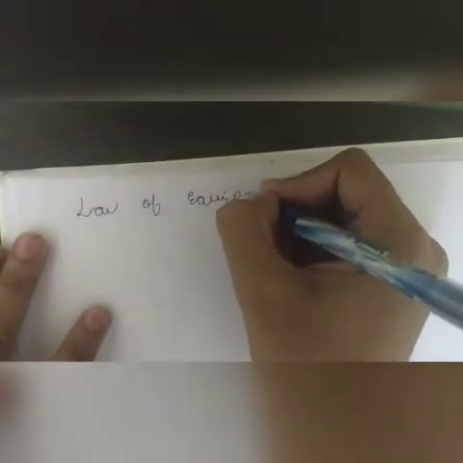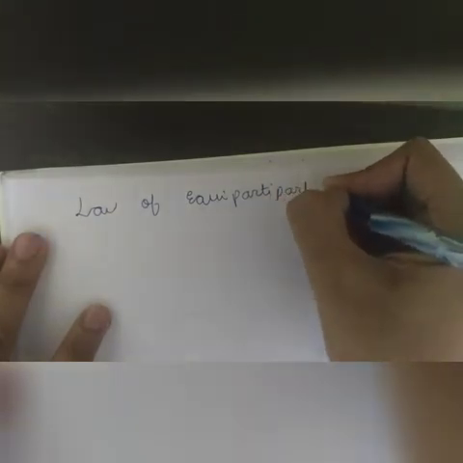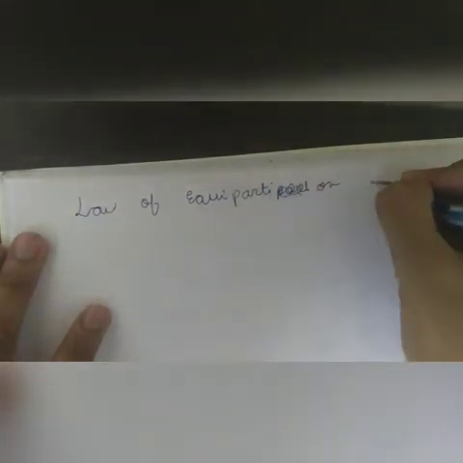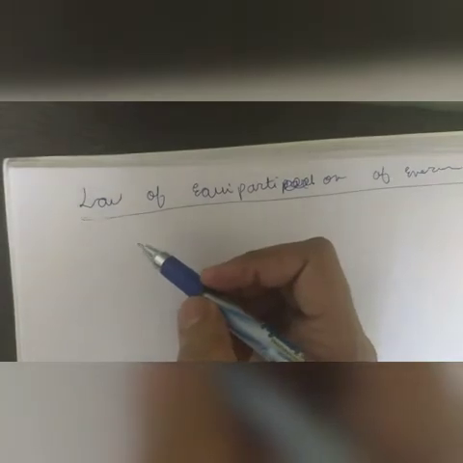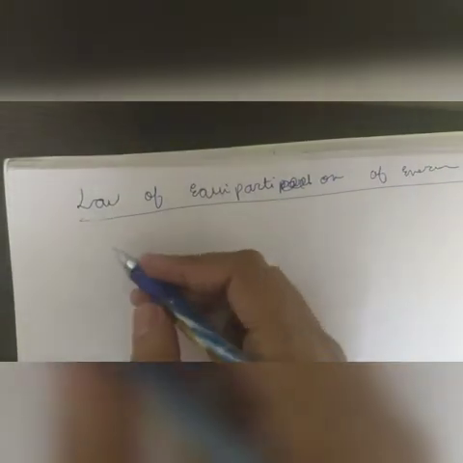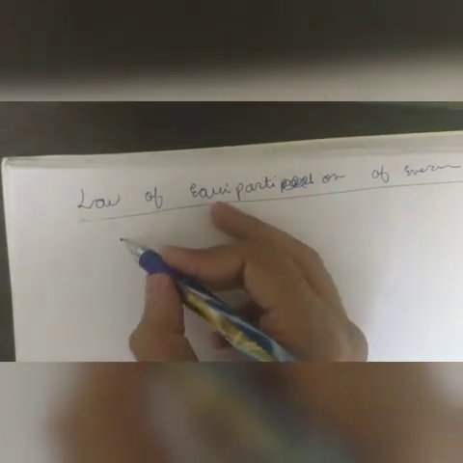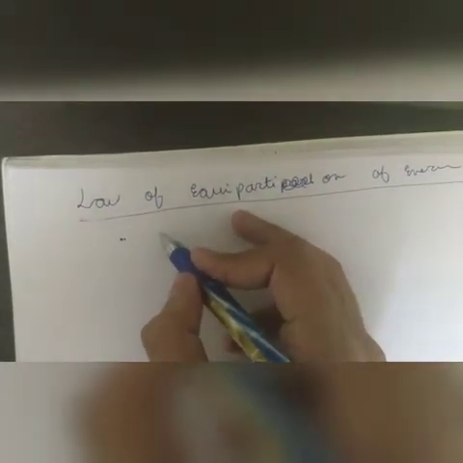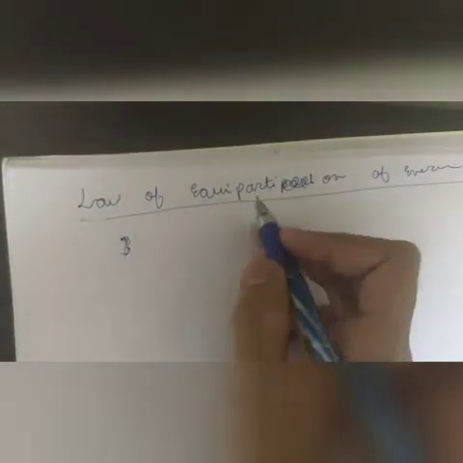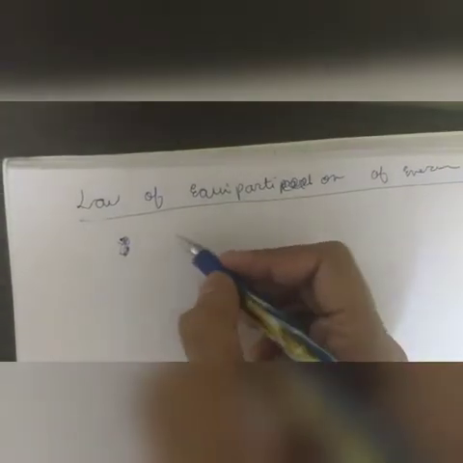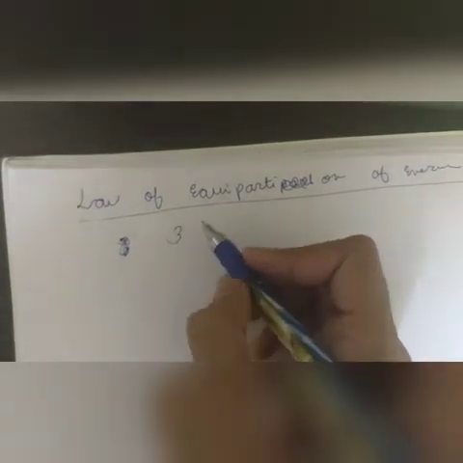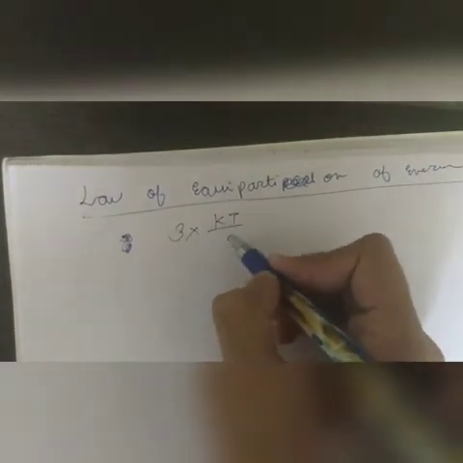What does the law of equipartition of energy say? It says that for any system, and here we have a system of standing waves, but it can be any system, if the system can be described with some degrees of freedom, the degrees of freedom being the number of independent variables needed to describe the system, then the total energy will be this term.